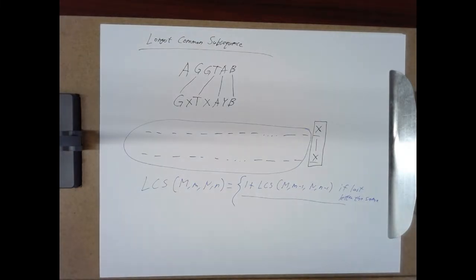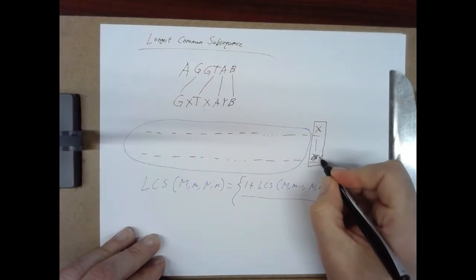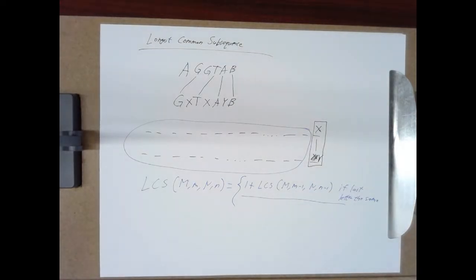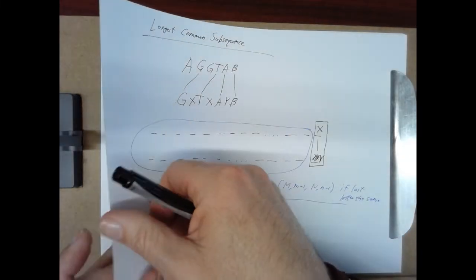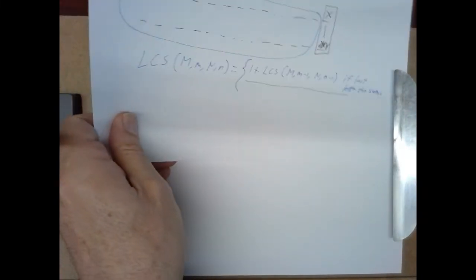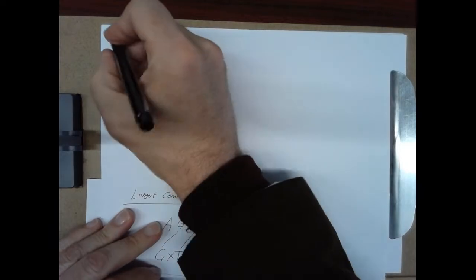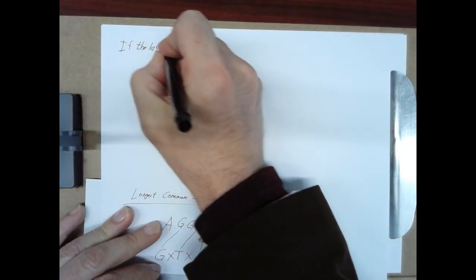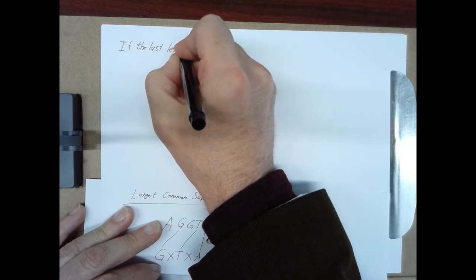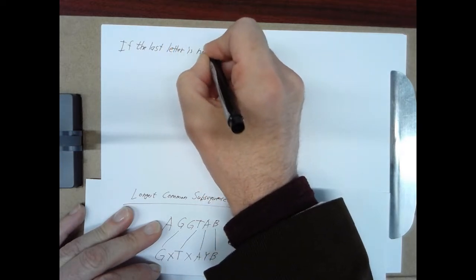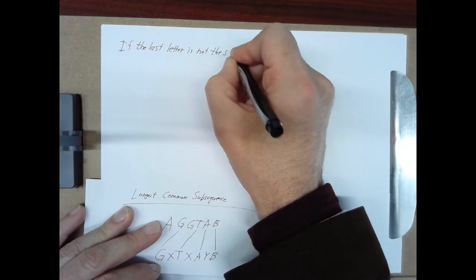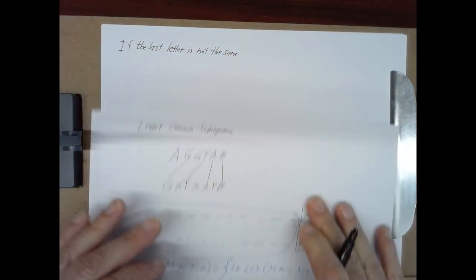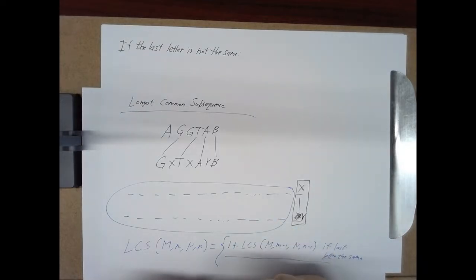Okay, our second case is where this last character is not the same. So if the last letter is not the same, then there's exactly two possibilities.